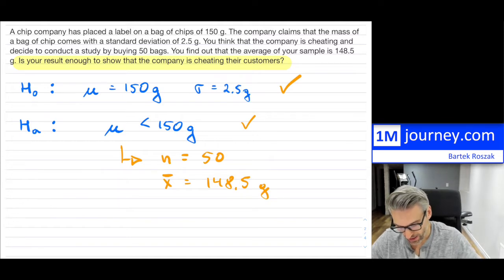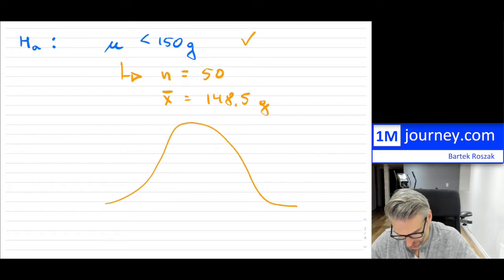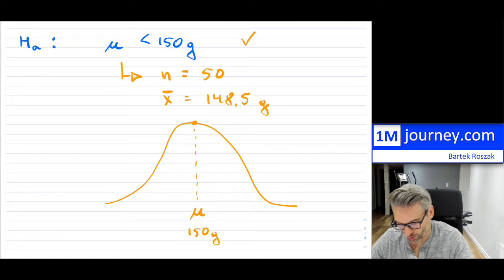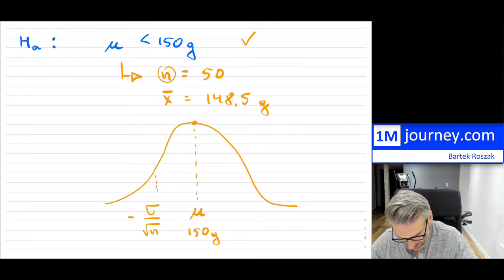And now we want to be able to see, how likely could this be? If you recall, if we have our normal distribution right here, this is mu, which would have been 150 grams. Now, for the samples, the standard deviation is sigma over square root of n. This goes both sides as so.